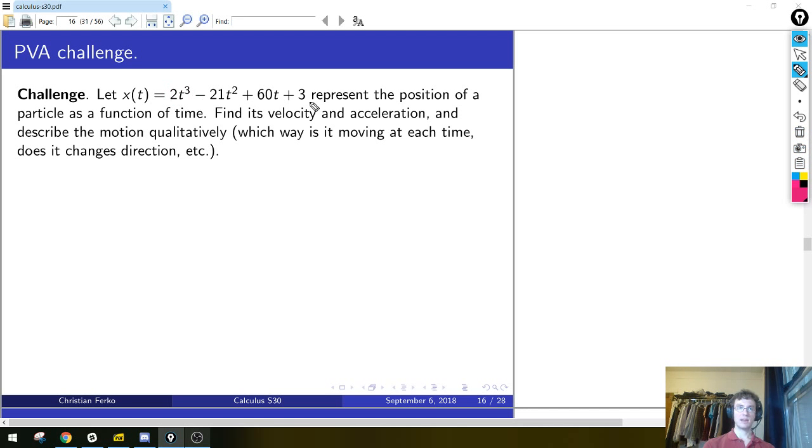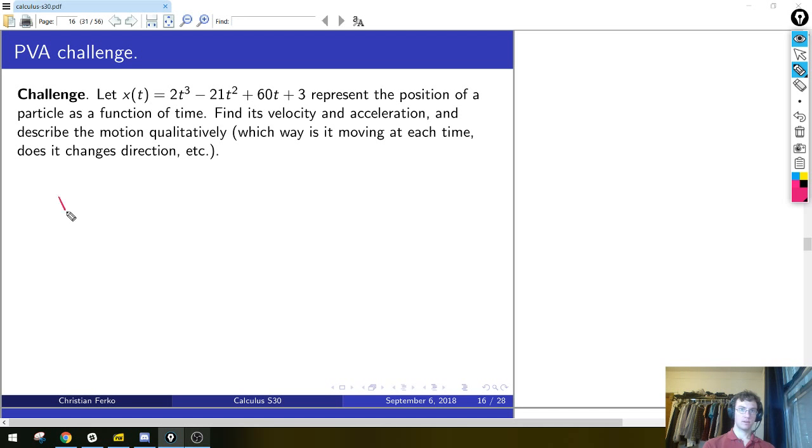And we're now going to think of this as not just some random cubic the way that we did a few slides ago, but we're going to interpret this physically. So we say that this thing is now the position of some particle as a function of time. So I'll ask you, what are the velocity and the acceleration of this particle? And then using those, we'll try to describe the motion just qualitatively, talking about which way it's moving.